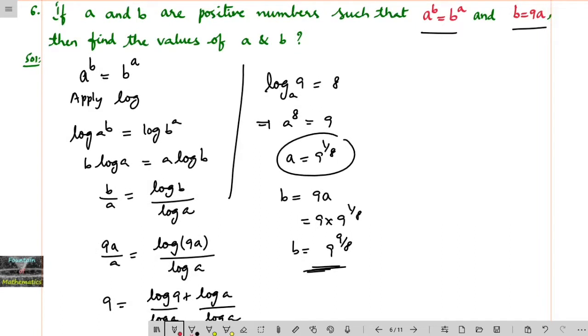And also, instead of working out this much work, we can remember a property. Let me give some common result you can remember.